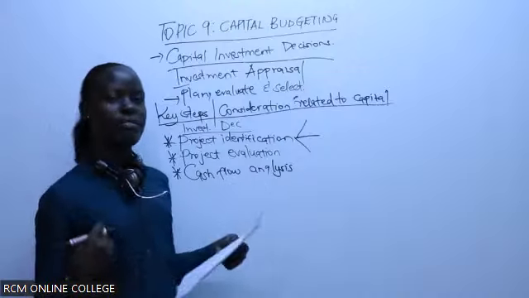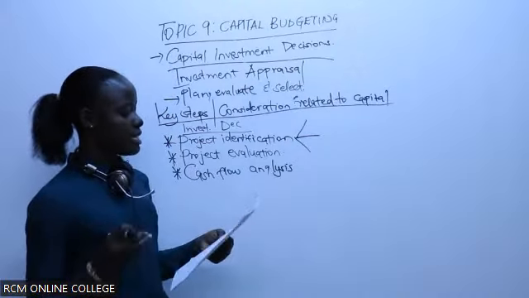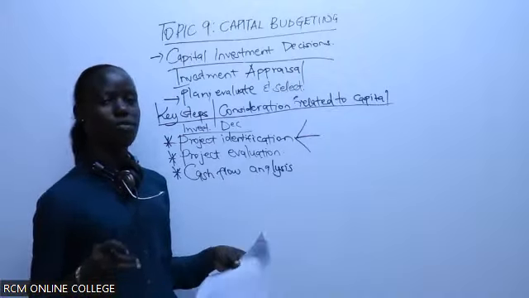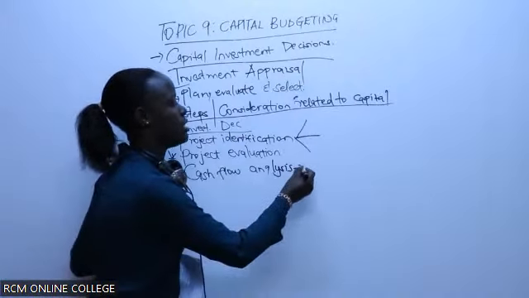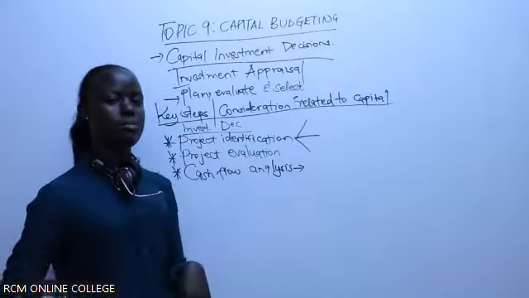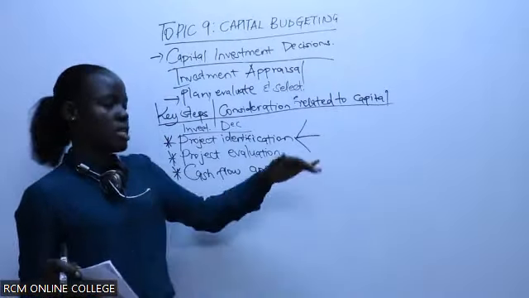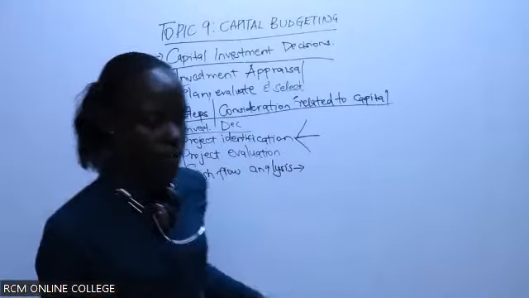You predict the future revenues, the expenses, the related cash flows or other outflows over the project's life. So you do a cash flow analysis. The potential profitability of this project. What are the future cash flows of this specific investment that I want to venture in?